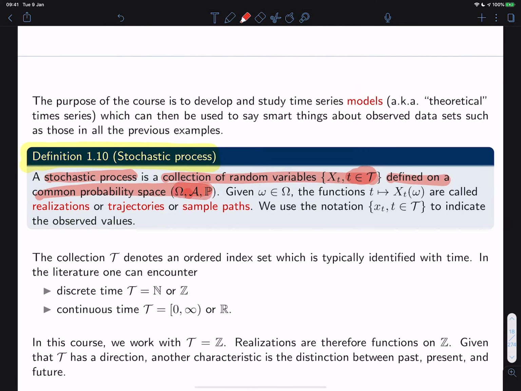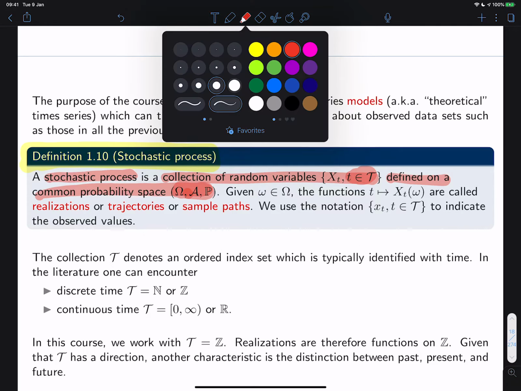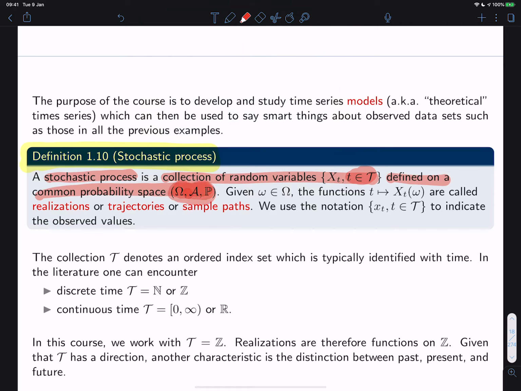So all the random variables are supposed to be descriptions of related objects. They are supposed to live on a common space (Omega, A, P), Omega being the sample space, A being the sigma algebra, and P being the probability measure.